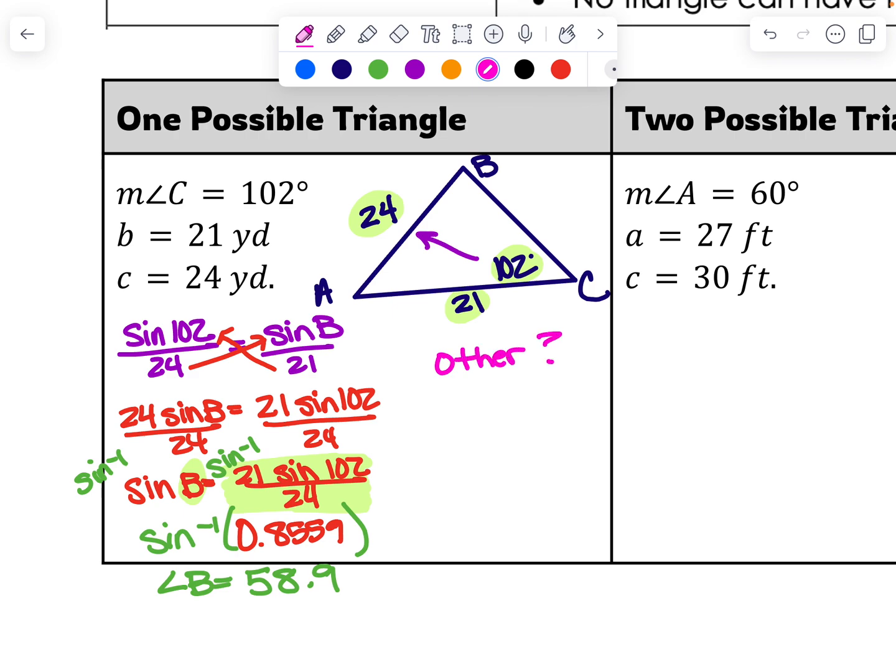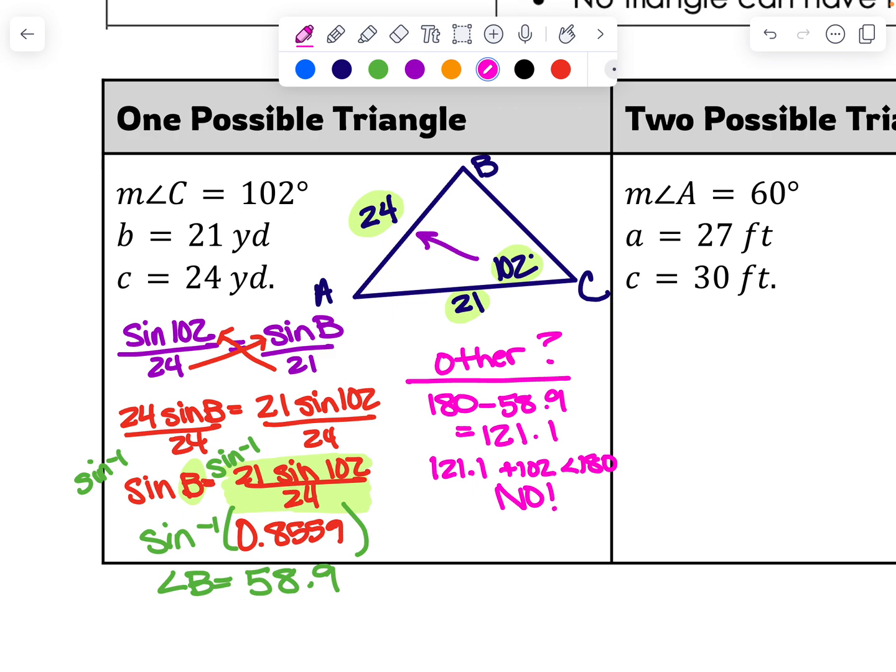So I ask myself, is there another option? If I take 180 and subtract what I just got, 58.9, that would give me the other possible angle for angle B. So when I subtract those two, I get 121.1. And I ask myself, if I use that 121.1 and the 102 angle, am I less than 180?